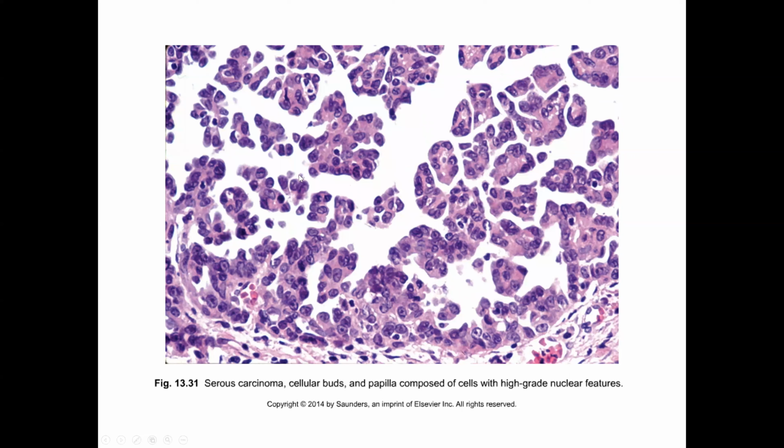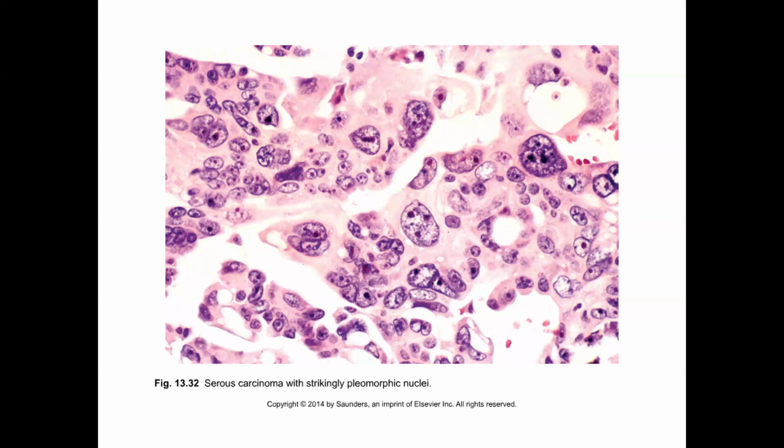Here's again this very micropapillary floating tufts of cells. And this is why in serous fluids, pelvic washings and so forth, finding these tufts is not usually terribly difficult. There can be high degrees of pleomorphism in some of these tumors, prominent nucleoli, very macro nucleoli, and macro nuclei as well.